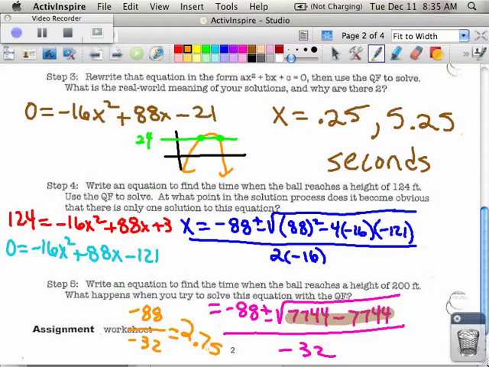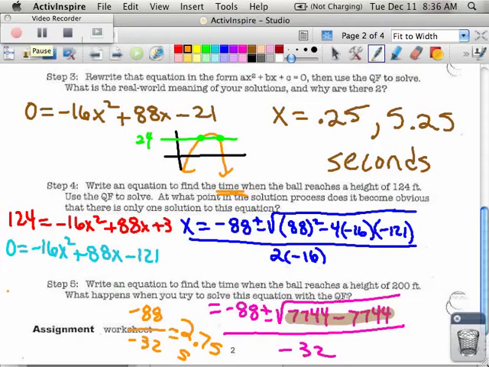And it says we're looking for the time when this happens. So this is 2.75 seconds. And notice how there's only one solution. Why is there only one solution? The discriminant is 0. That's why there's only one answer where that occurs.